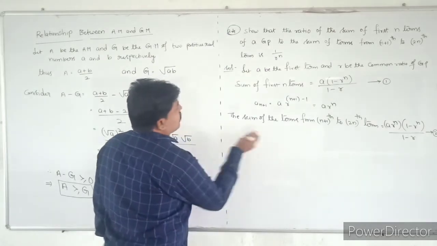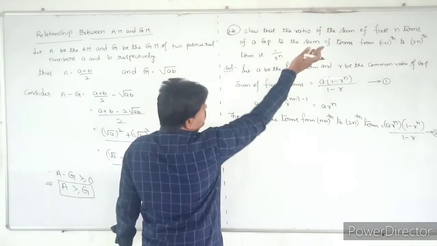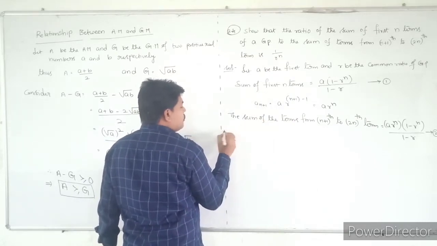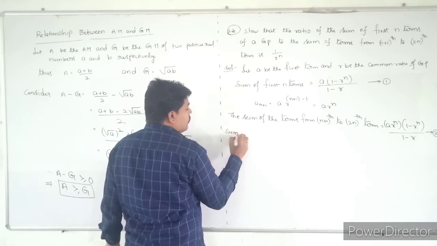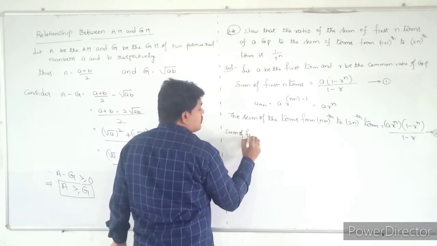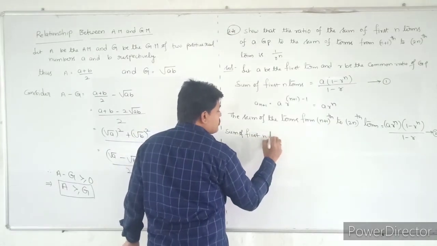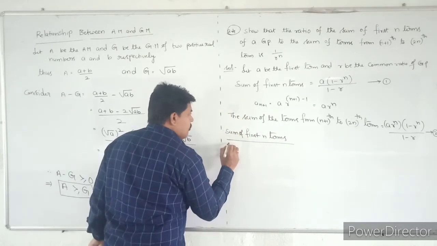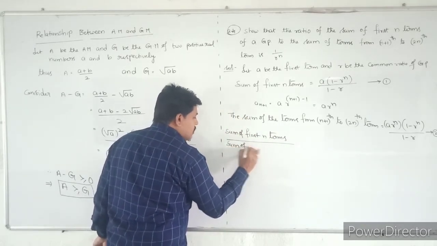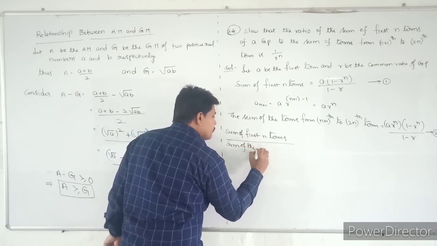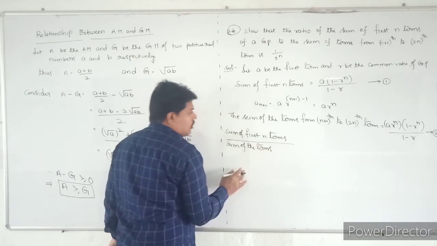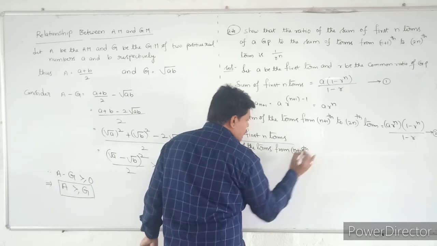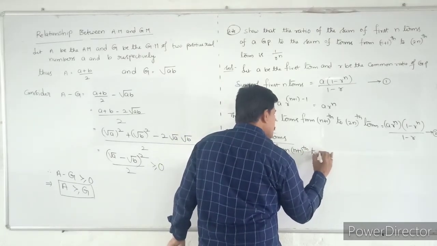So what is the question they are asking? The ratio of these two, that is, the sum of the first n terms by the sum of the terms from n plus 1 to 2n.